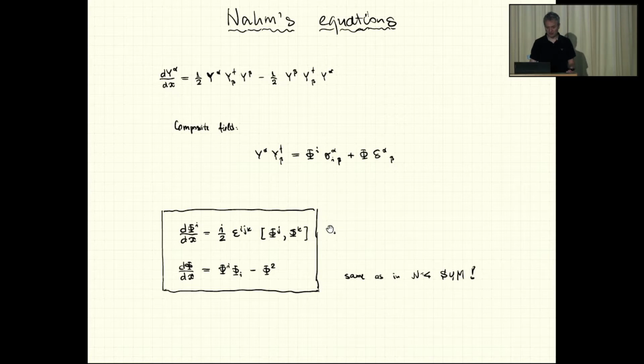Then a simple calculation shows that the equations for the coefficients are nothing but Nahm equations, which are very famous in mathematical physics. In particular, they arise in N equals 4 super Yang-Mills when we describe the supersymmetric domain walls. So basically, the domain wall in ABJM is mathematically the same as in N equals 4, but you need to find appropriate variables.